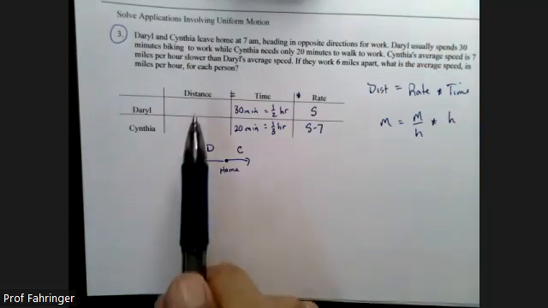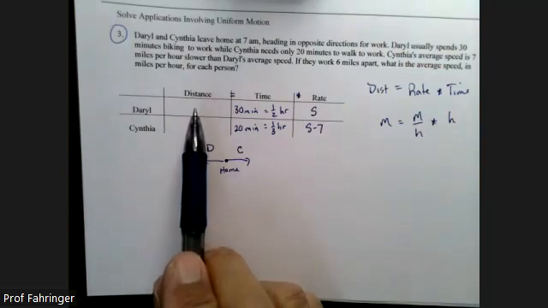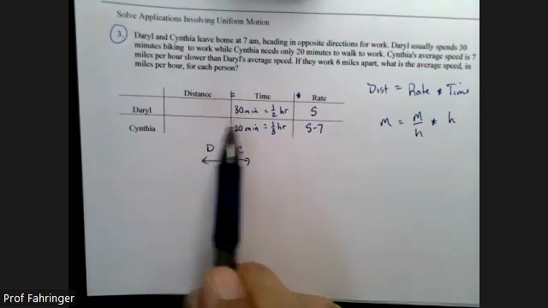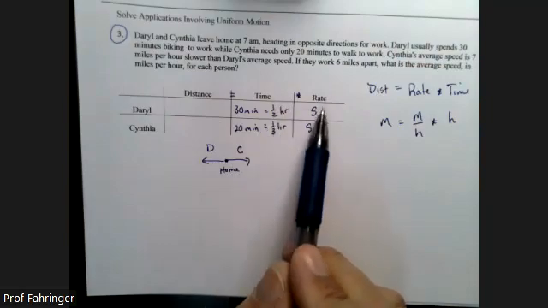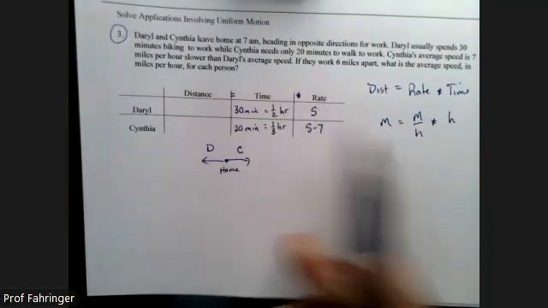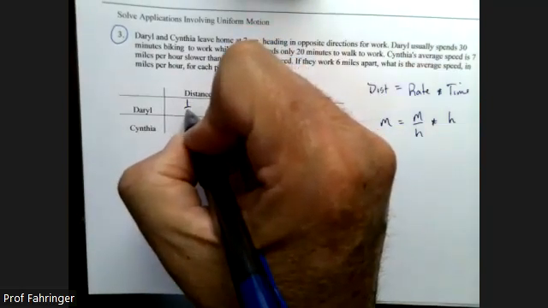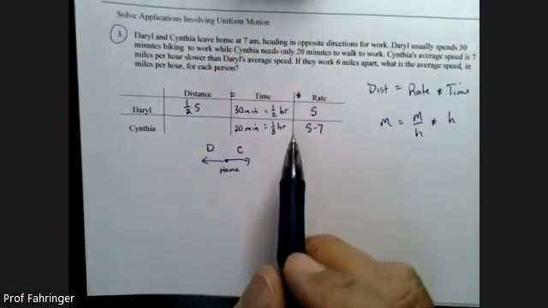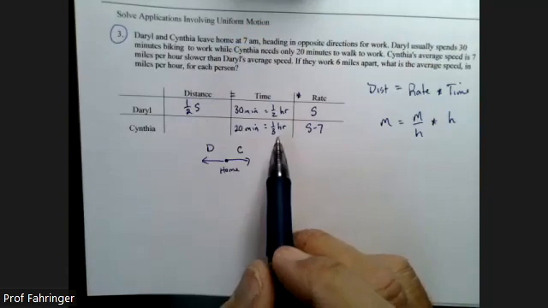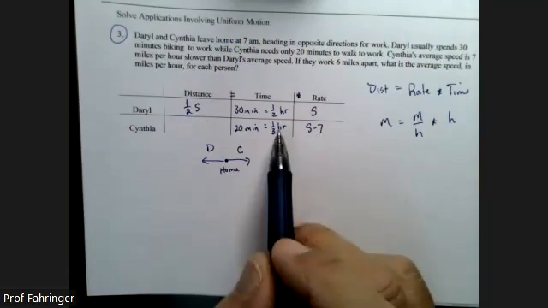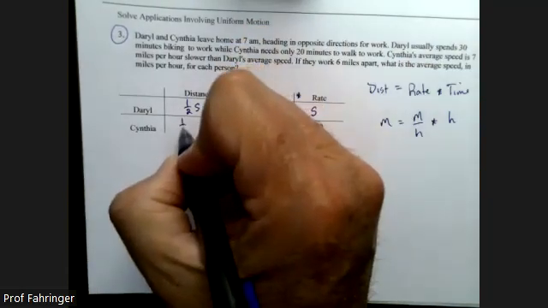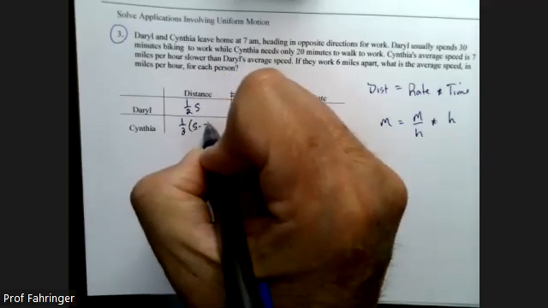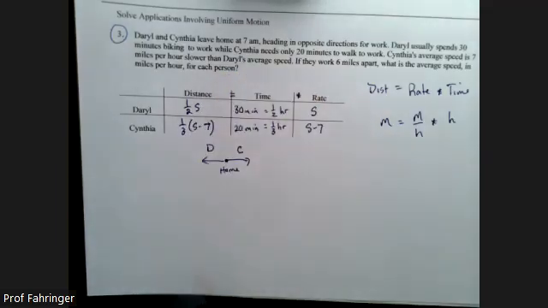What is the distance for Daryl? Rate times time, 1/2 S. What is the distance for Cynthia? Rate times time, 1/3 S minus 7.